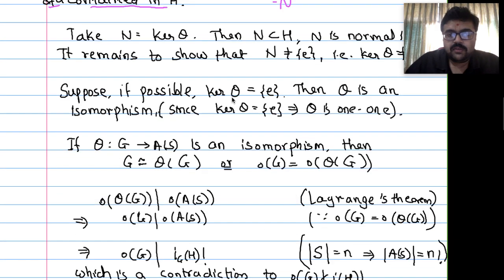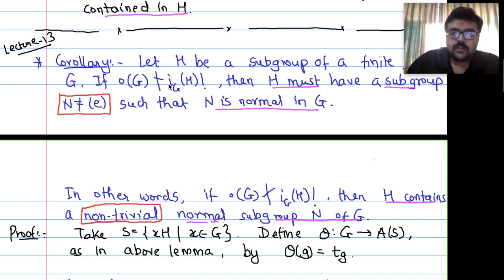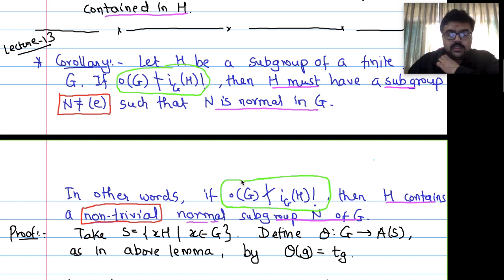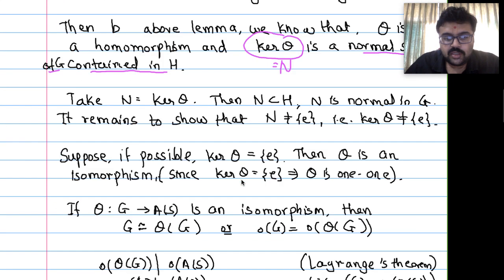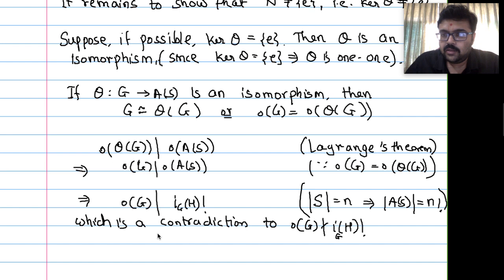This is what we are given. We are now using this: order of G does not divide index of H factorial. If this is the case, then this is a contradiction, because here we are getting order of G divides index of H factorial. Right? How did we get index of H factorial? Cardinality of S is nothing but index of H, as S is the set of all left cosets.